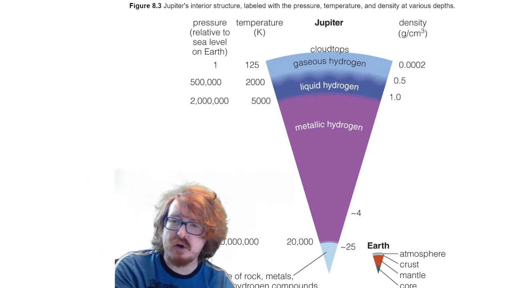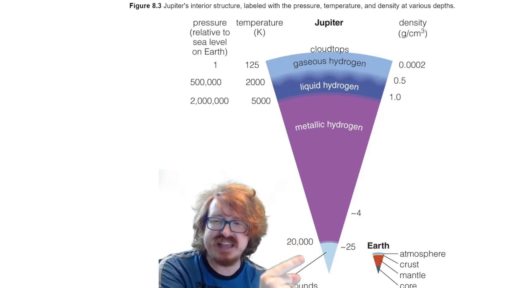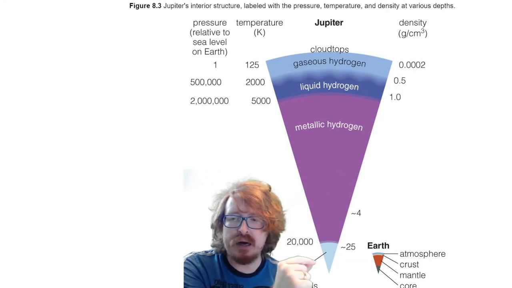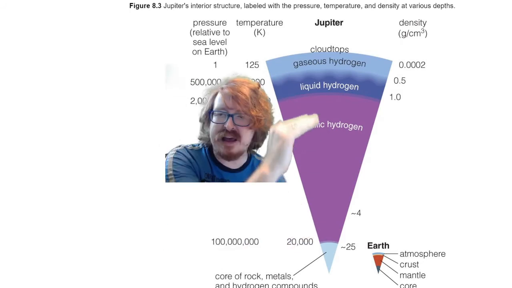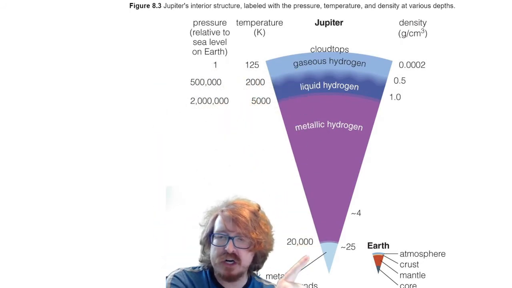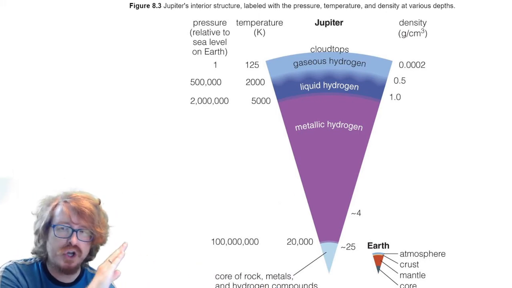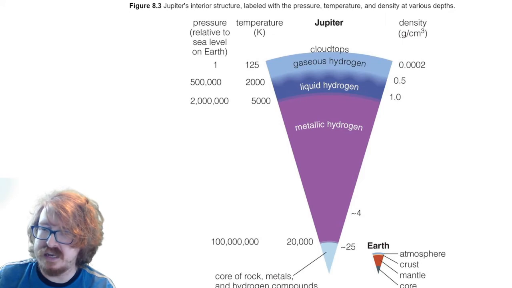So this very middle part right here, let's just call this the rocky core. It's made of the same types of material as in the Earth, but the extreme pressure of everything else sitting on top of it turns that entire core solid, okay? So there's no liquid metal inside of that rocky core like we have inside of Earth.